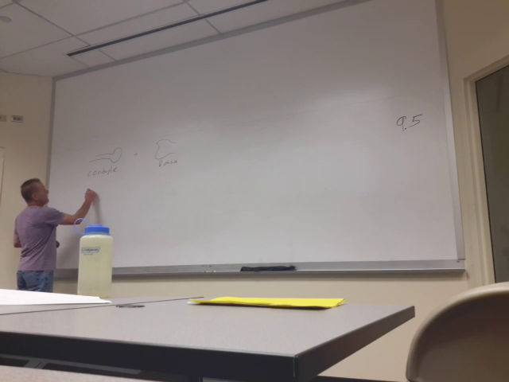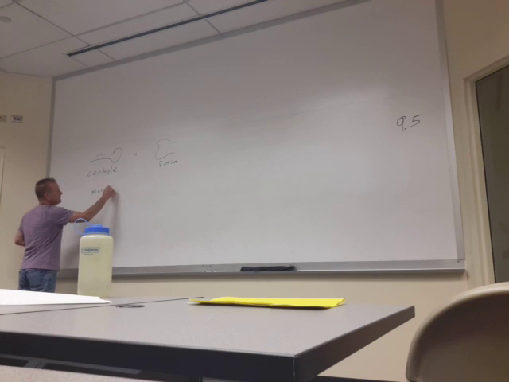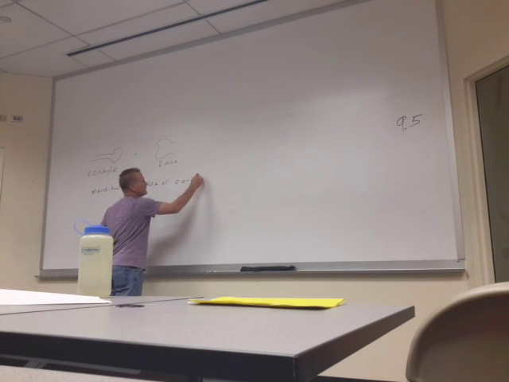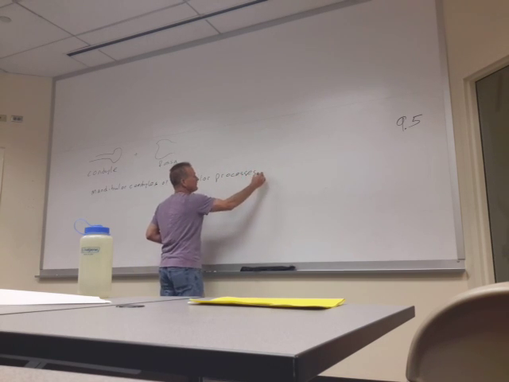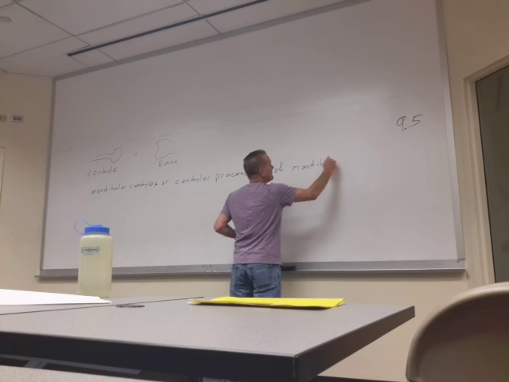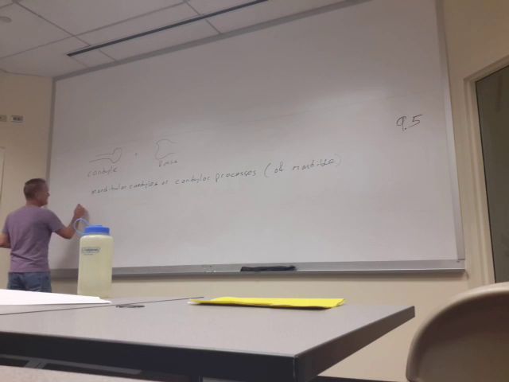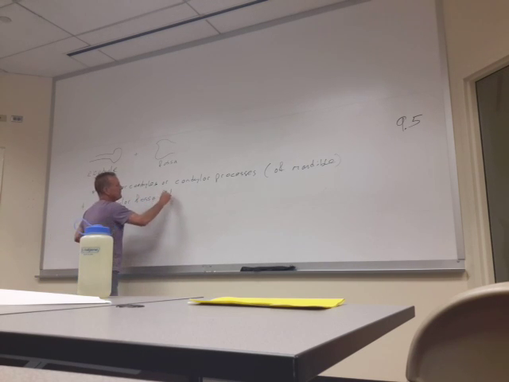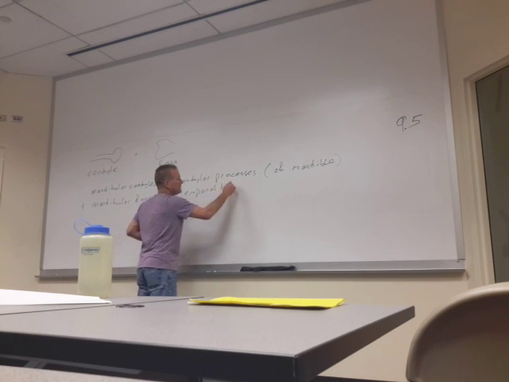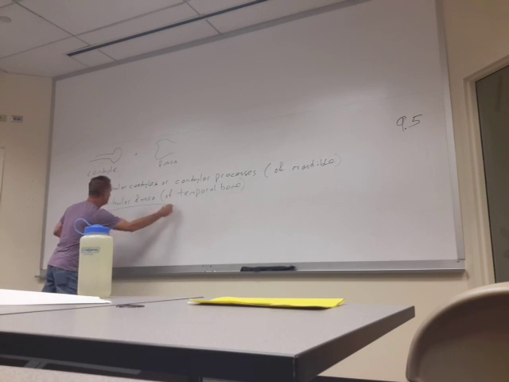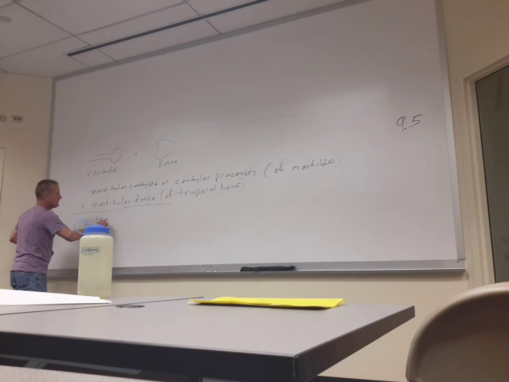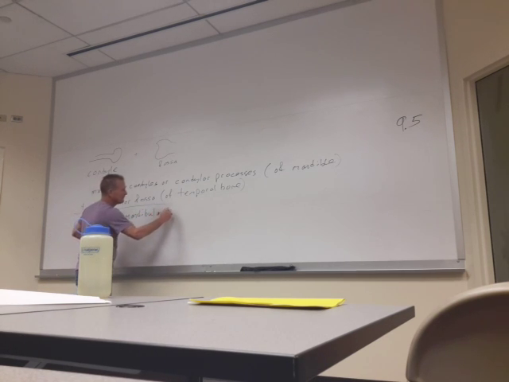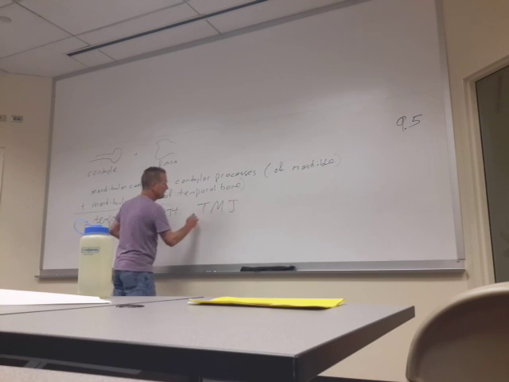So the mandibular condyle, or condylar processes, completely redundant to say of the mandible, plus the mandibular fossa of the temporal bone form the temporomandibular joint, or the TMJ.